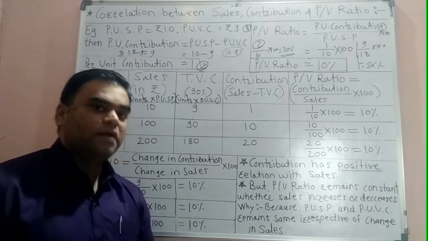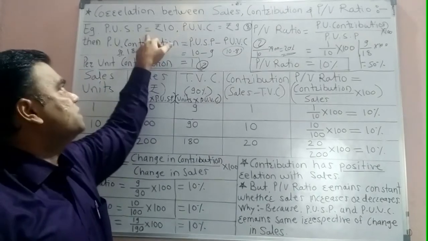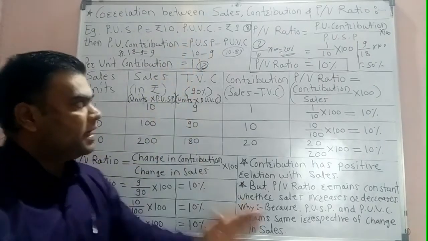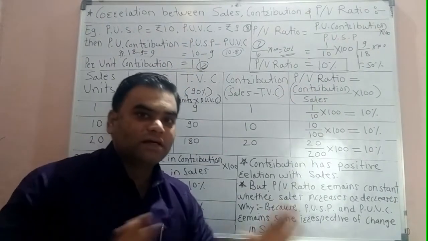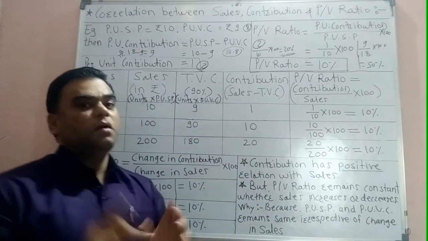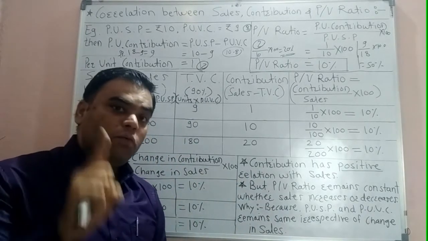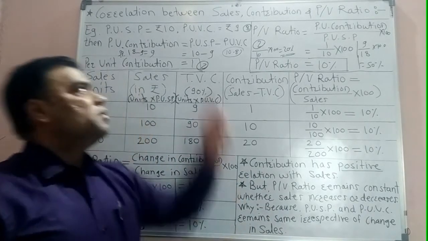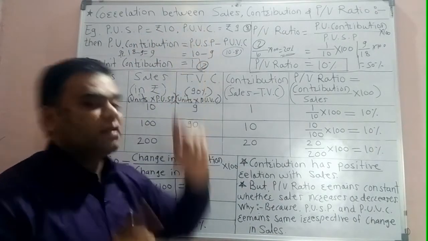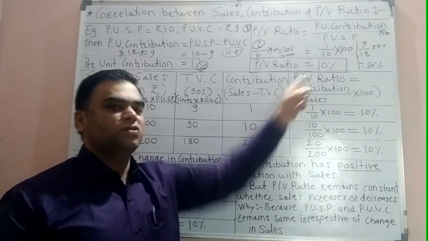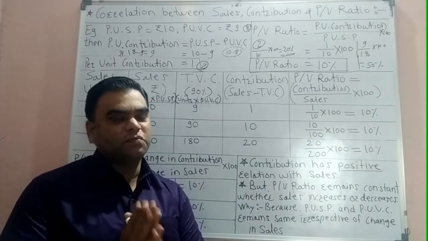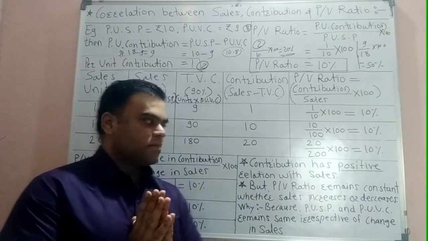We discussed that if you make no change in per unit selling price and per unit variable cost, then your PV ratio will not change. It will remain same or constant or unchanged. But if you make a change in per unit selling price or per unit variable cost, then your PV ratio will get changed. These things we discussed up to this stage.